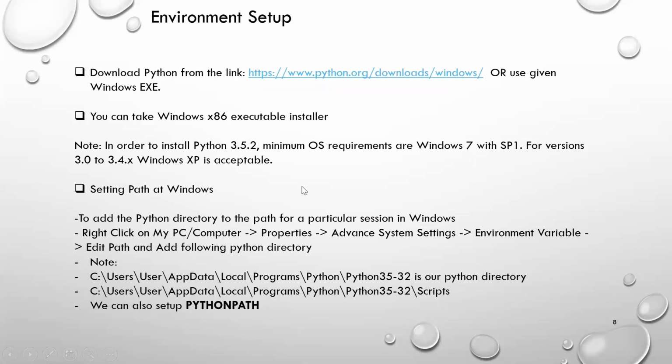If you haven't selected that, then you can go to My Computer Properties, Advanced System Settings, and Environment Variables. You can edit the path and add the Python installation location, so that whenever you open your command line window and type python, it can understand from where to run Python.